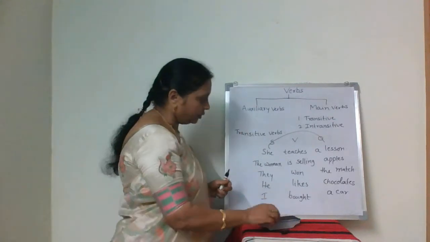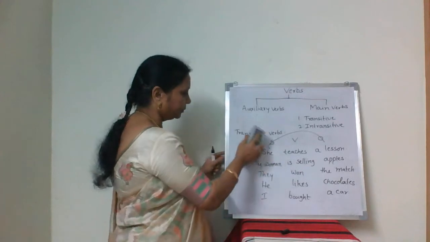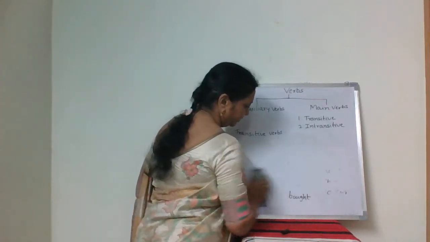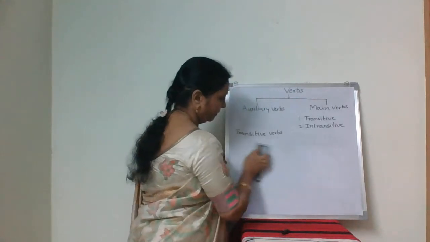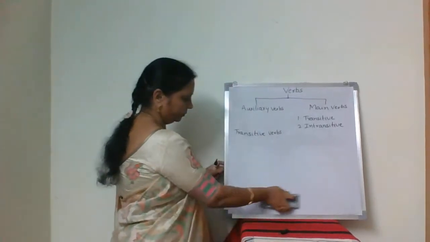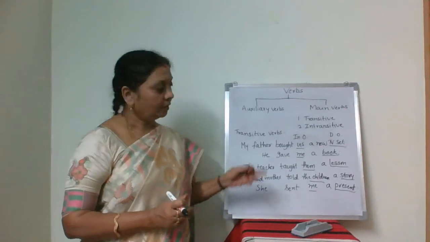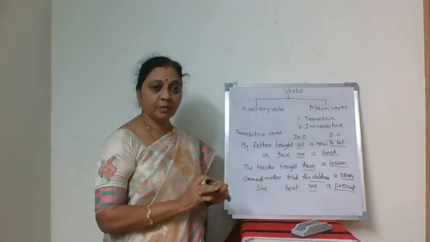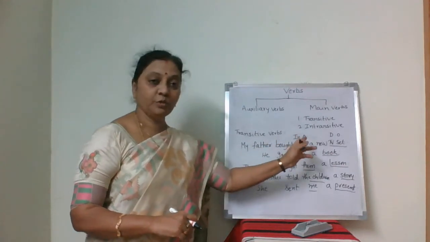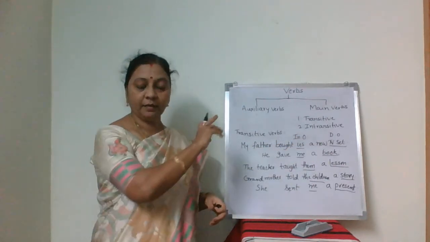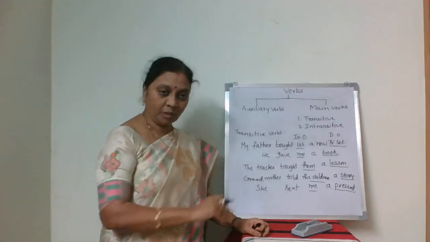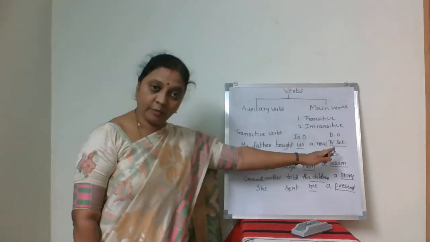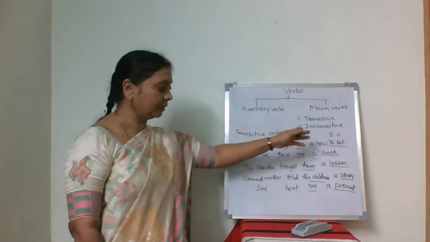Now, in some sentences, two objects are there. We look at these examples. These are also transitive verbs only, but here I have used two objects. In the previous sentences there was only one object. One is a direct object and another one is an indirect object.